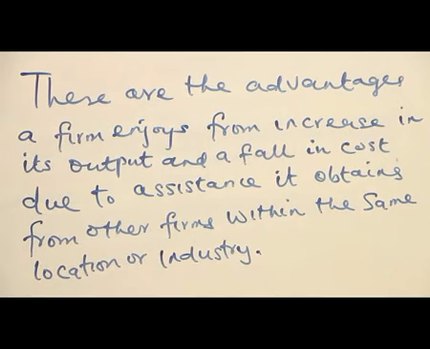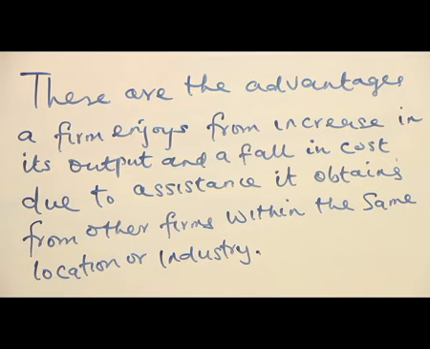Now, apart from the single effort of a firm toward its activity, every firm can also derive advantages within the location of the industry. What we're trying to understand here is that apart from your own efforts, there are other advantages you can derive. So if a firm can enjoy benefits from other firms, then the firm is enjoying what we call external economies of scale.